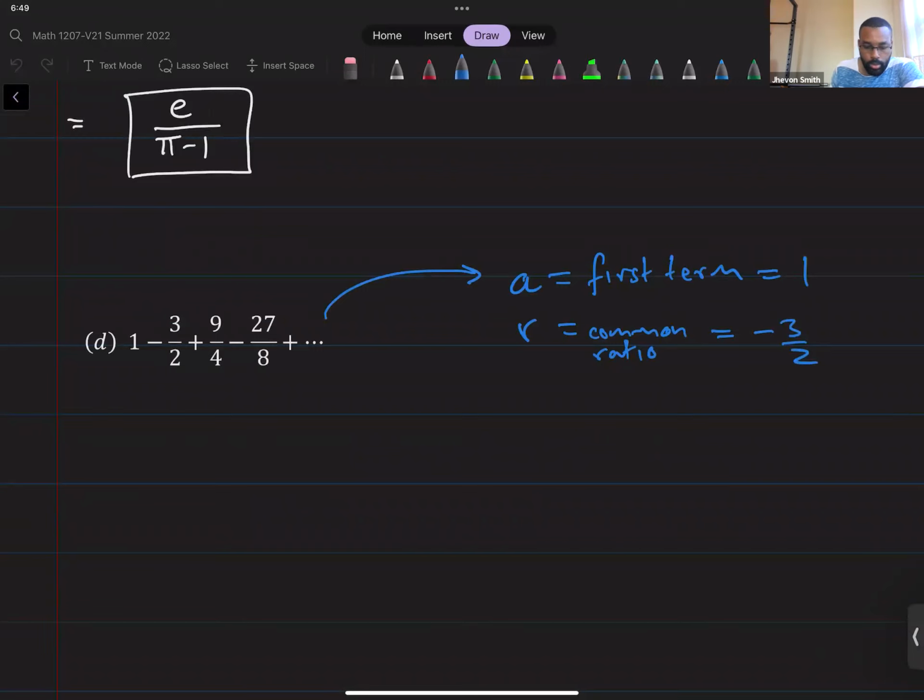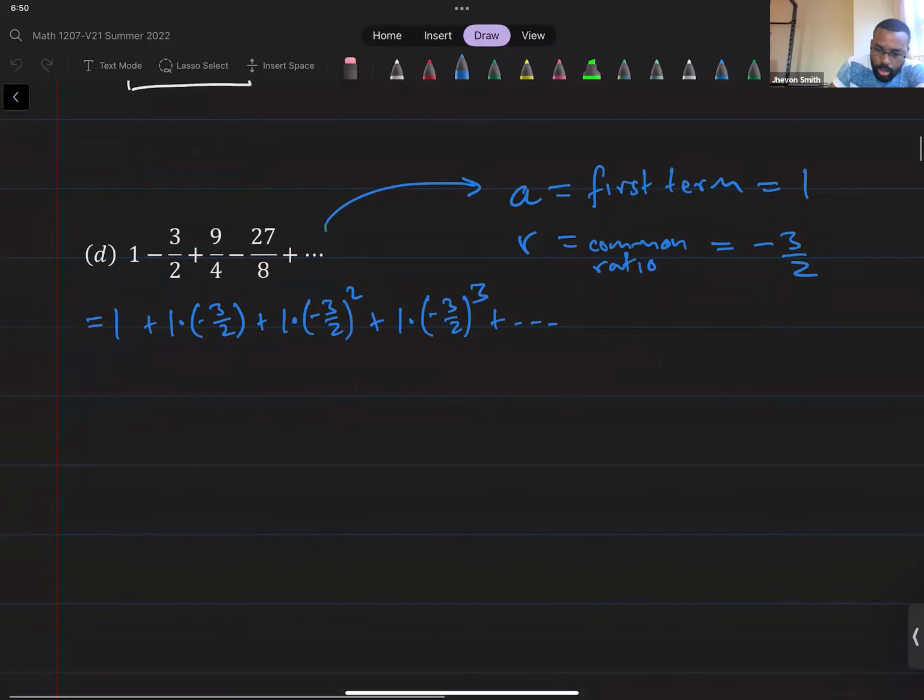Here, that's minus 3/2. So notice that here you have 1, plus 1 times minus 3/2. Then plus, you multiply again by minus 3/2, you get minus 3/2 squared, which is actually positive 9/4, plus minus 3/2 cubed, that'll be negative 27/8, etc. So the thing we're multiplying by repeatedly is minus 3/2.